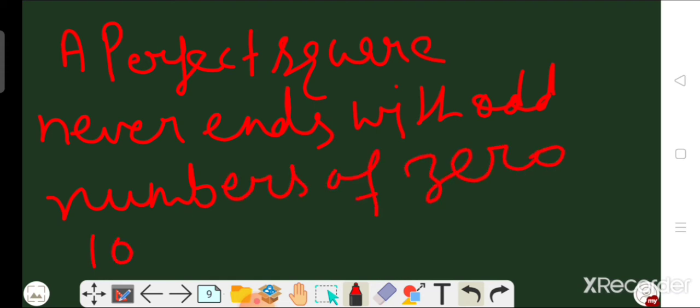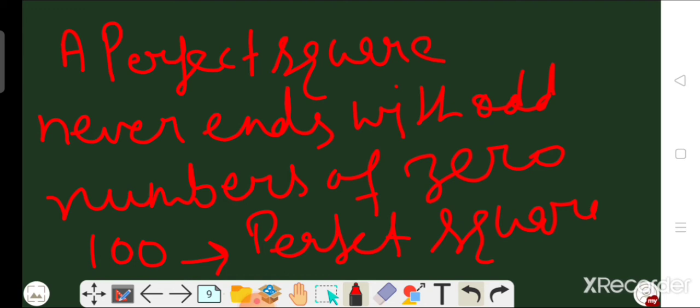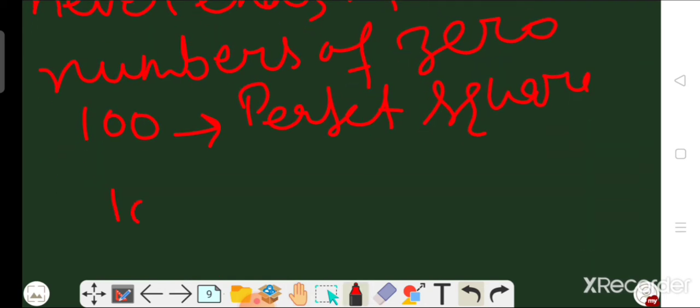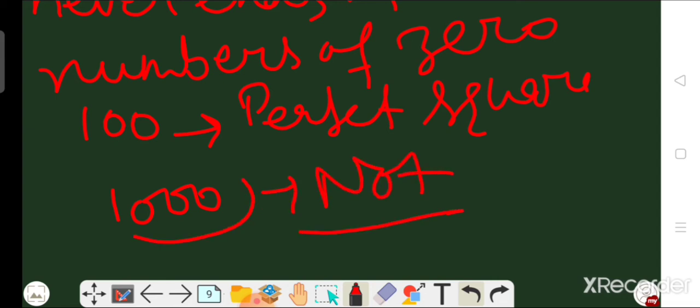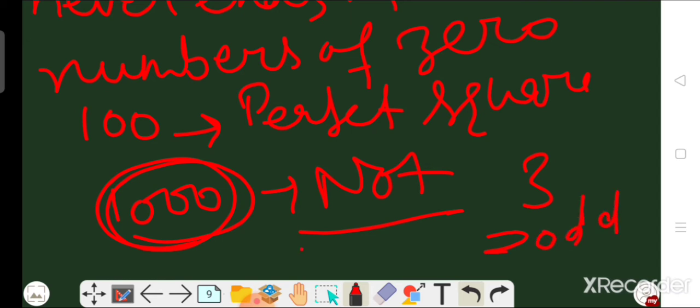For example, 100 is a perfect square, but 1000 is not, because the number of zeros is 3 and 3 is an odd number. Clear? Now we will move on to the next property.